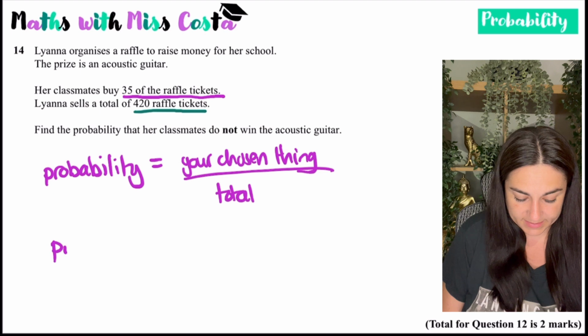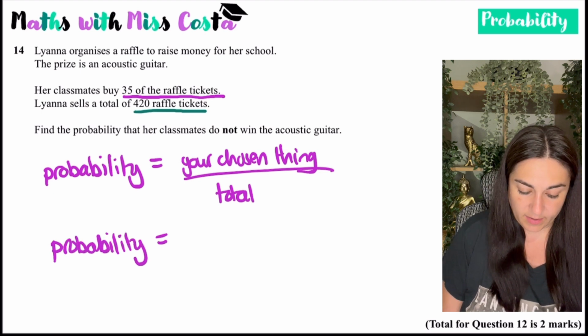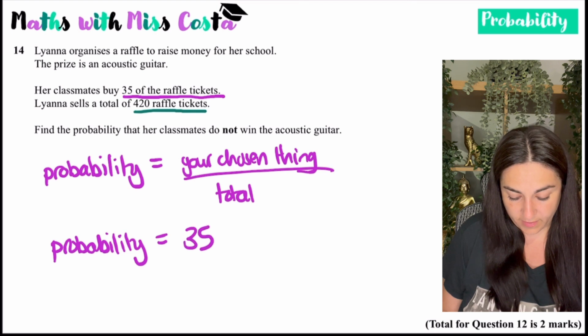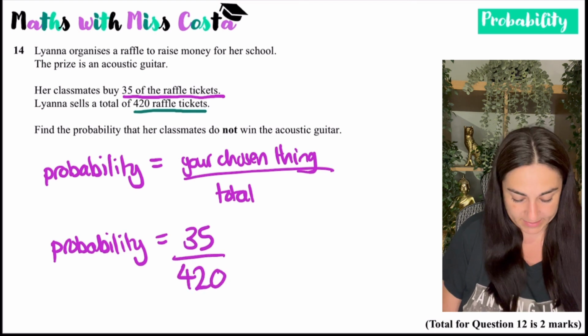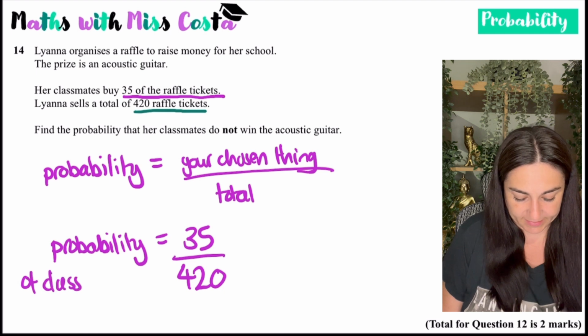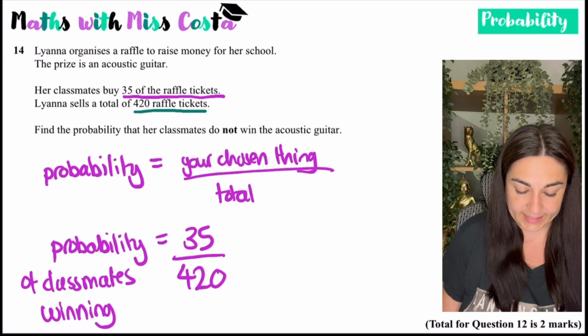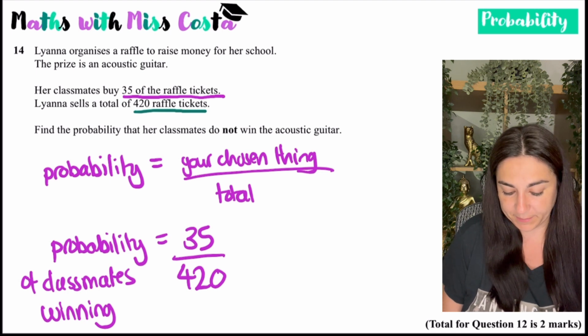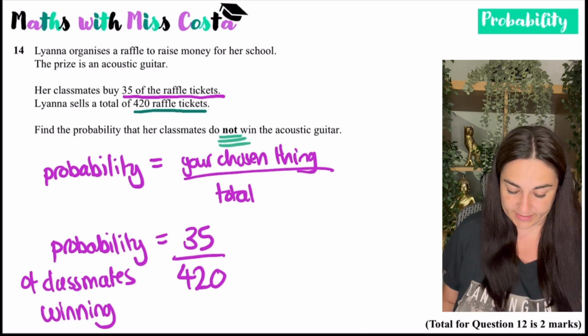So the probability of her classmates winning would be they bought 35 tickets out of a total of 420. So that's the probability of the classmates winning. Now, it says find the probability that her classmates do not win the acoustic guitar.